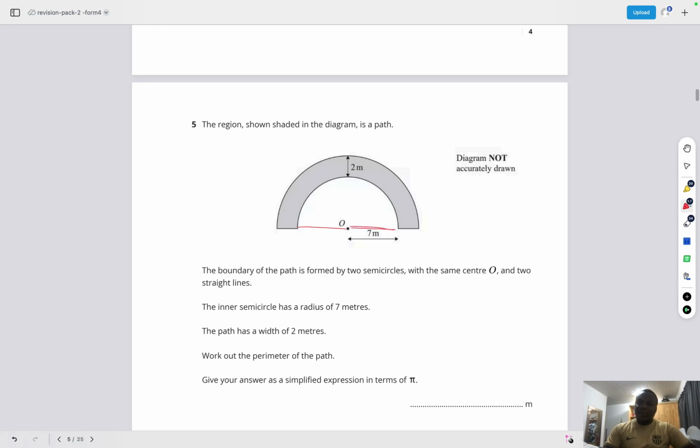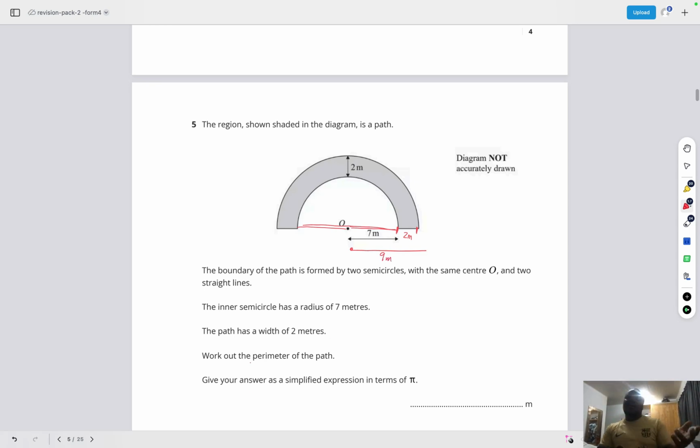So this is 7 from here to there. Then they tell us that this path is 2 meters wide, meaning from here to there is 2 meters, which means the bigger semicircle has radius 9 meters.